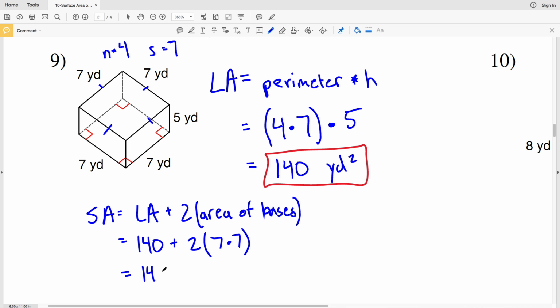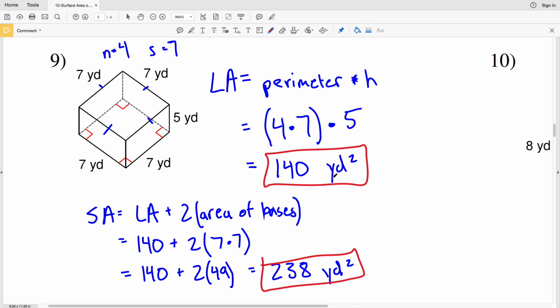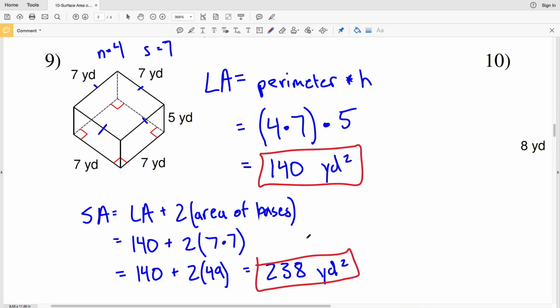So I'll have 140 plus 2 times 49. 2 times 49 gives us 98, and adding that to 140, we'll get 238, and this is area, so that's yards squared. So lateral area is 140 yards squared, and surface area is 238 yards squared.